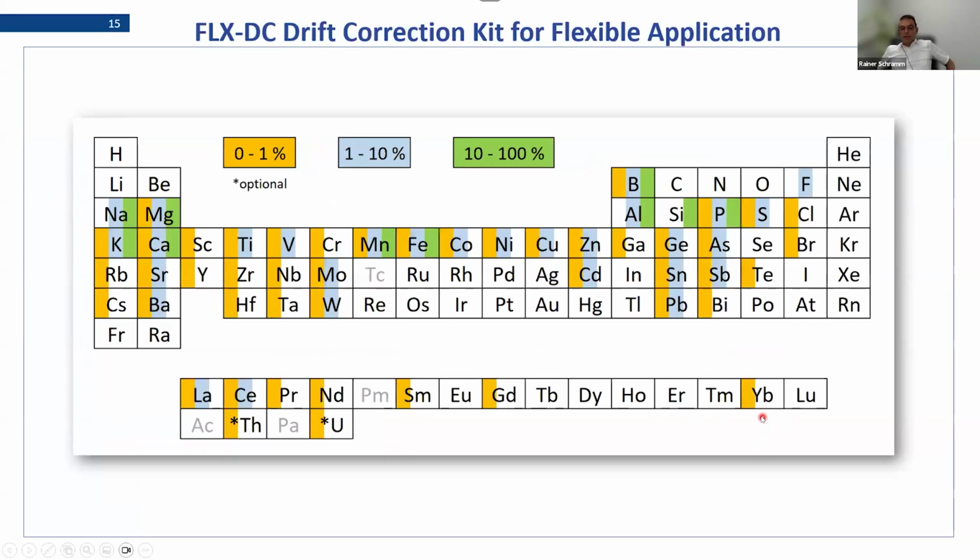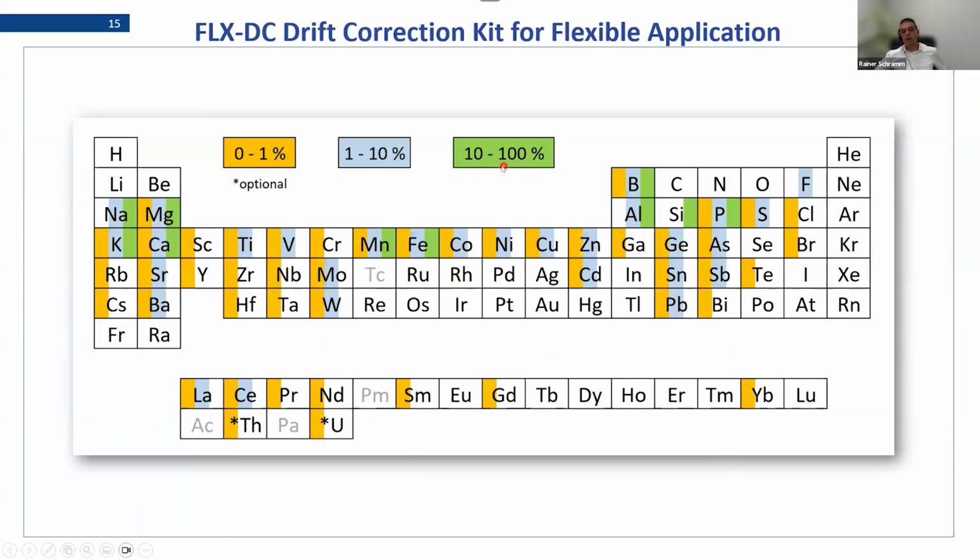But of course, there are other applications like metals, like ferroalloys, like slags, and so on, where very often you have other elements out of the 14. And for this, we have created a new set of drift correction samples. It's a set of 6 samples, which covers just all the elements shown here.